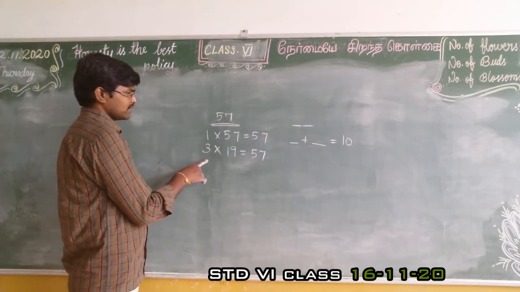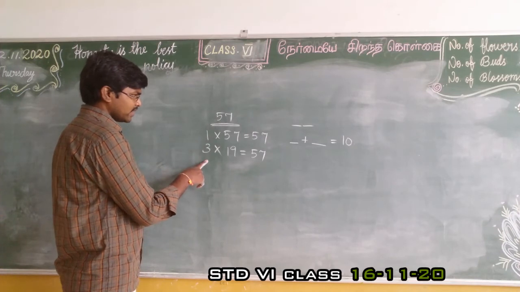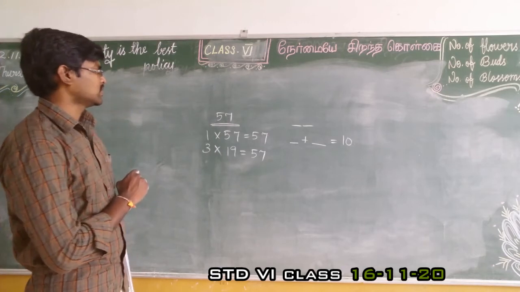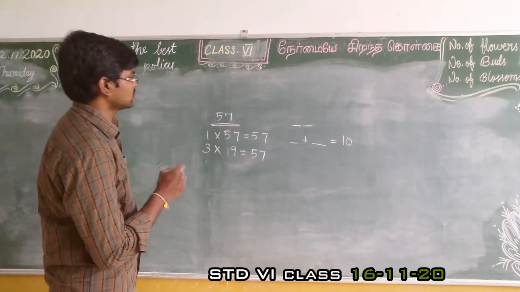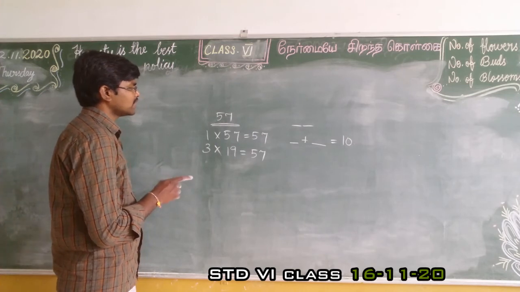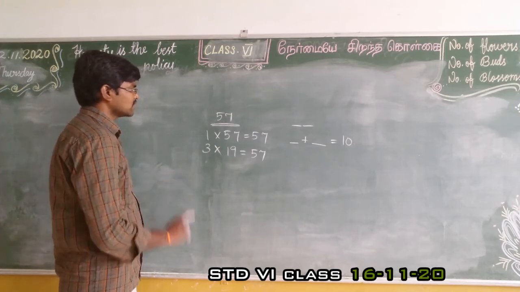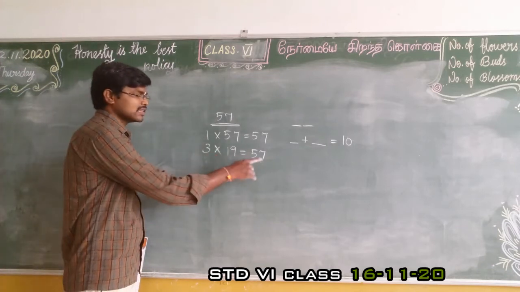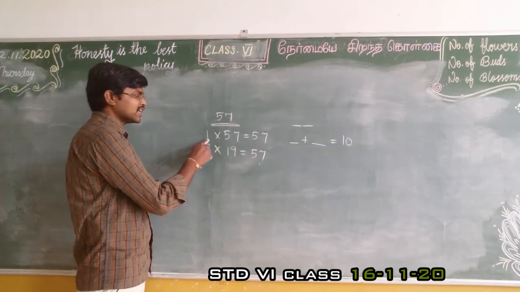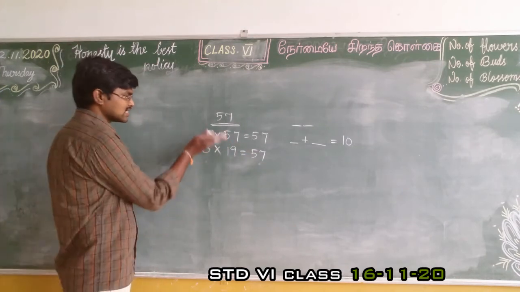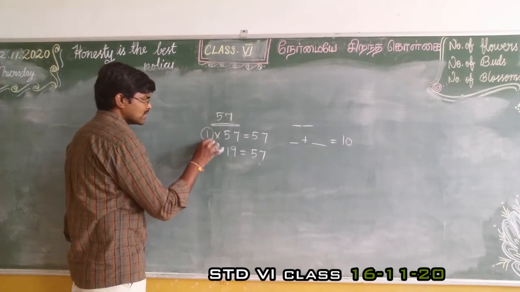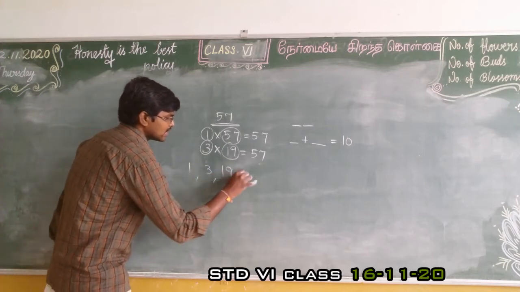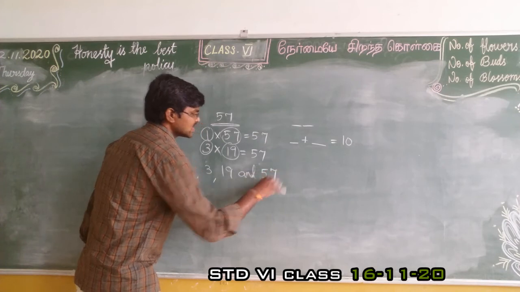Next 19 only divides. So 19 into 3, the answer is 57. Next 57 into 1 is equal to 57. So what are the factors? 1, 3, 19 and 57.